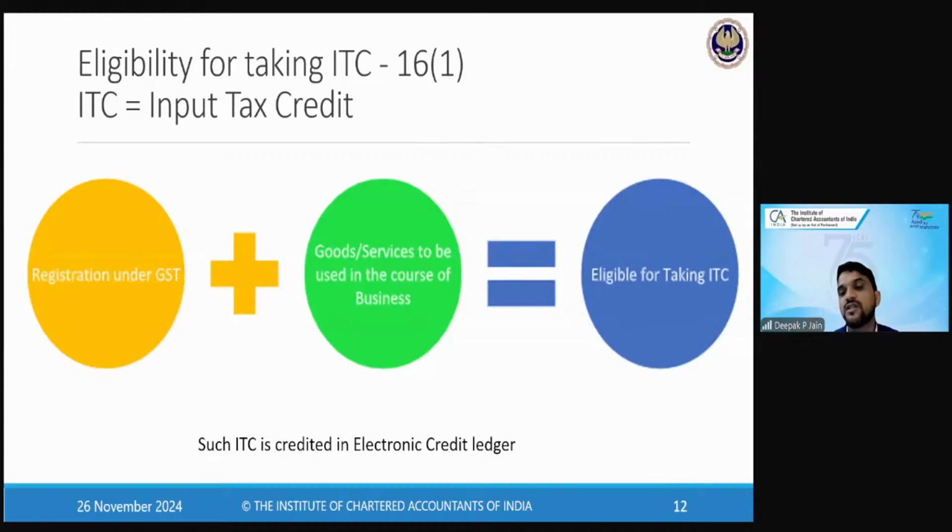First, we'll go to section 16, subsection 1, which is about the eligibility to claim the credit. Section 16(1) says that any person who has taken registration under the GST and the goods or services.